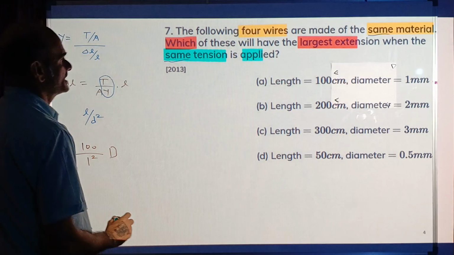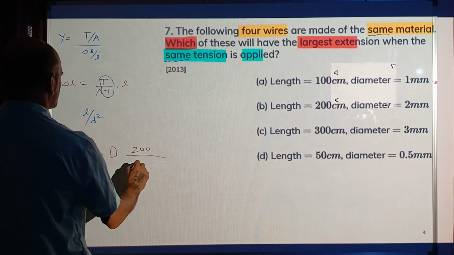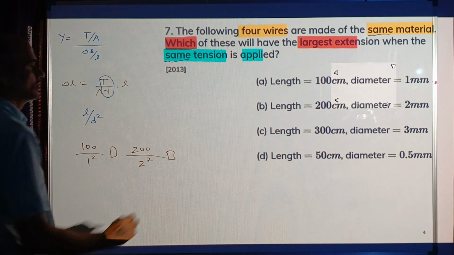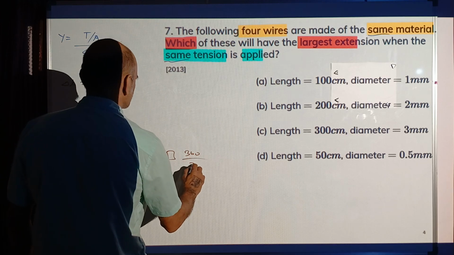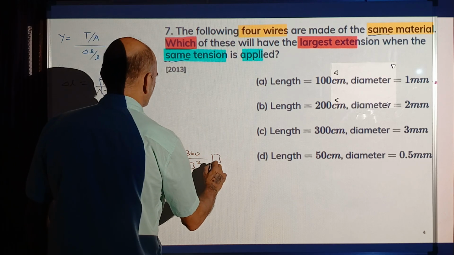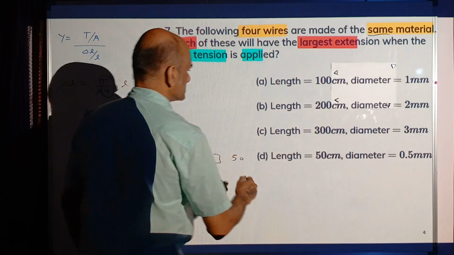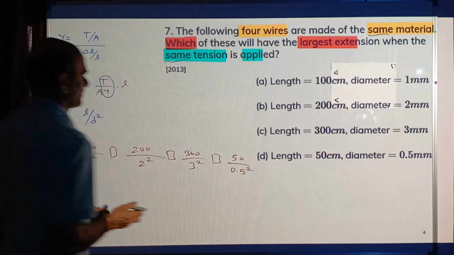This you have to compare with the second case. L is 200 and the second case diameter is 2. And the third case, 300 length and the diameter square is 3 square. And in the fourth case, the length is 50 centimeters and the diameter is 0.5 square.